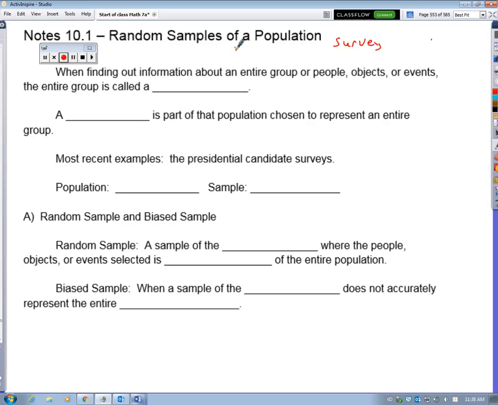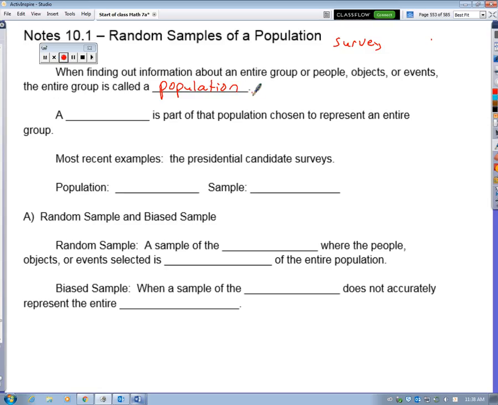Okay, so first of all, let's take a look at a couple different definitions we have. Here's the first one. When finding out information about an entire group of people, objects, or events, the entire group is called a population. This would be the group of people that we would be surveying.